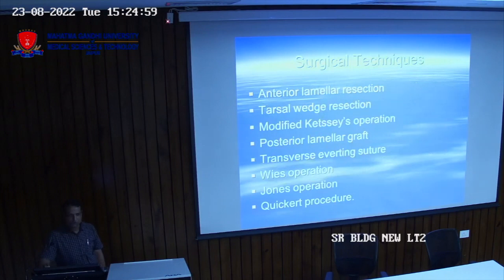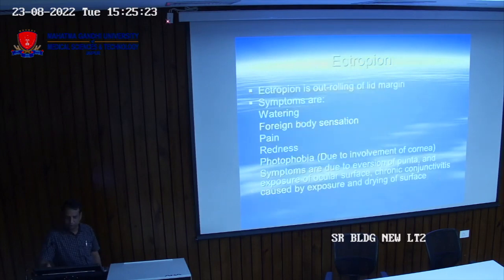The surgical techniques used in entropion correction are the anterior lamellar resection, tarsal base resection, modified Kuhnt's operation, posterior lamellar graft, transverse everting sutures, Guy's operation, Jones operation, and Fox procedures. These surgeries can be done in different types of entropion.